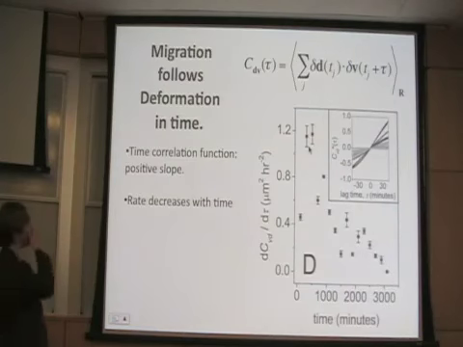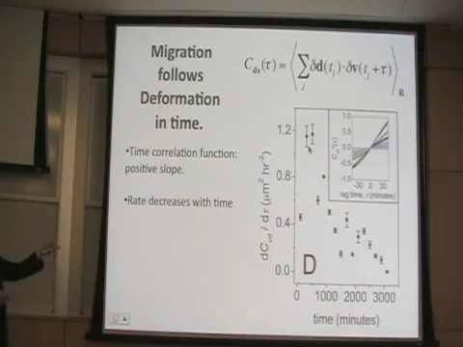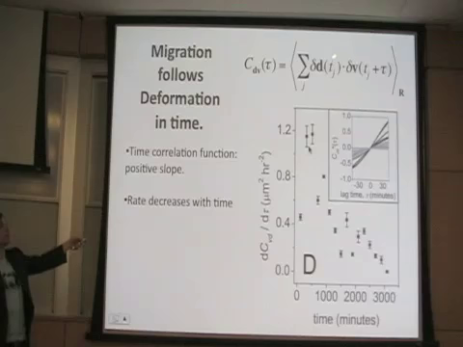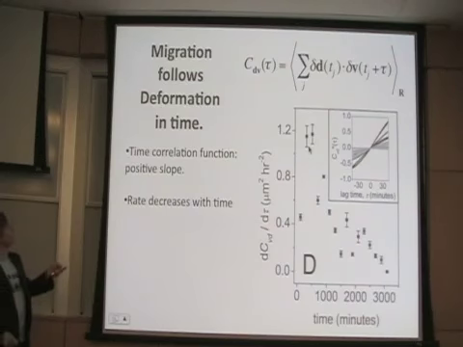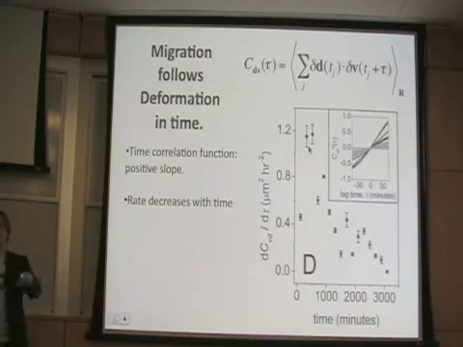And then finally, if you want to get a temporal relationship, we can do a cross correlation in time and say, given a substrate displacement at time t, what are the odds of getting a big velocity fluctuation at time t plus tau? And then just average this over all positions.